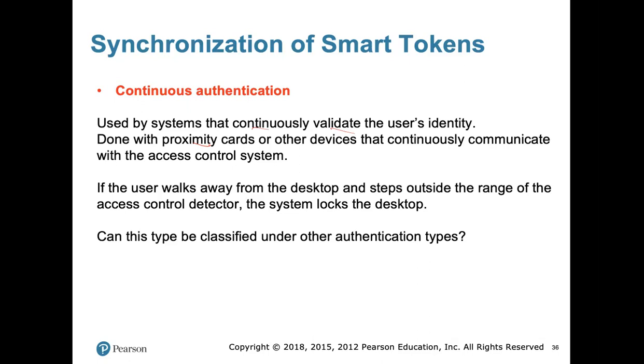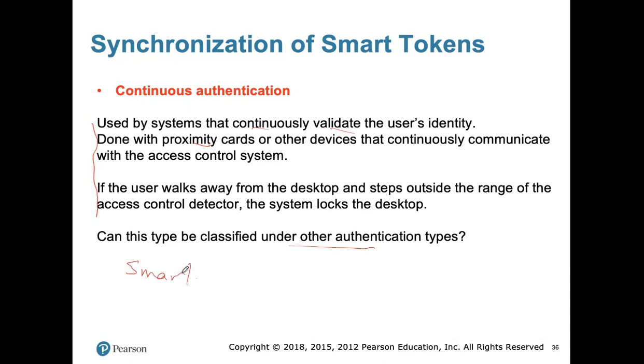So this can also be classified as another type of authentication. This can happen through passive tokens as well, for example tokens based on RFID. If you want to synchronize the token and the authentication server this way, you don't need to go with smart tokens.